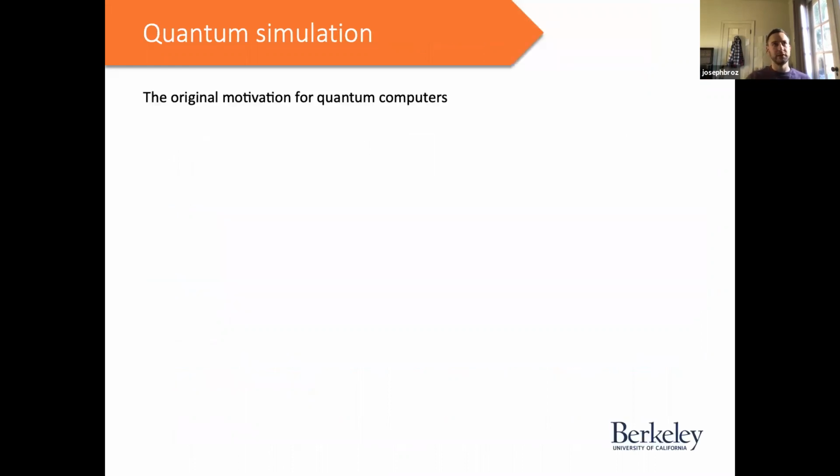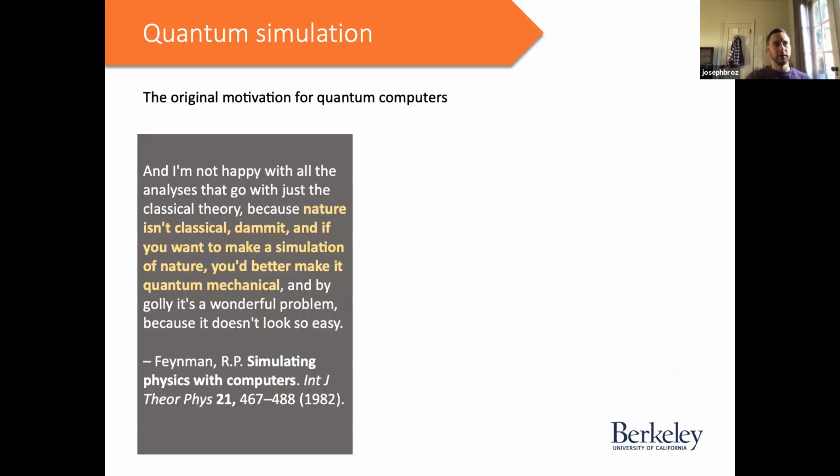And so that leads into the original motivation for quantum computers. Everybody has seen this quote, I think, at this point. Mark, you had this in your talk, and Ben Cordier, I think you also had this in your talk.